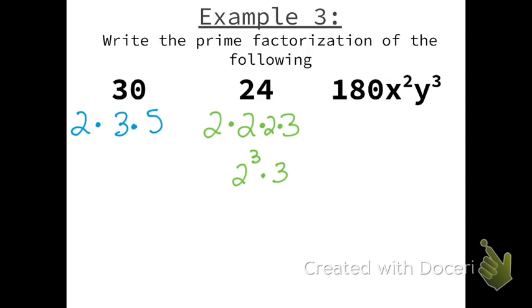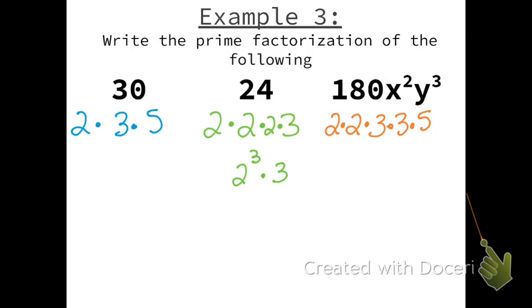180 x squared y cubed. What you'll do for this is focus on the 180 first. So 180 could be 2 times 90. 90 would be 2 times 45. 45 would be 3 times 15, and 15 would be 3 times 5.